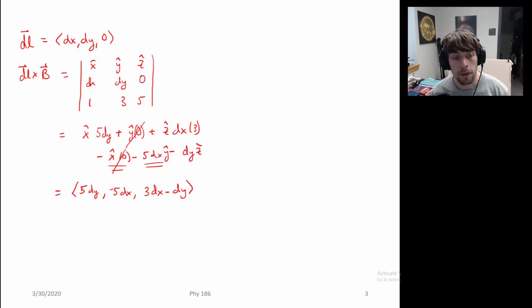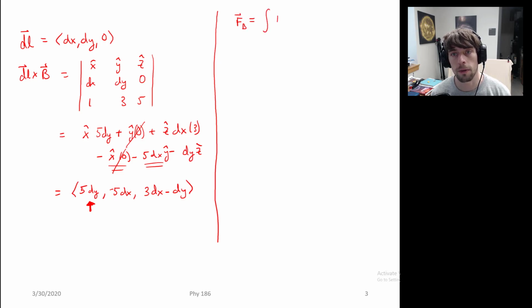Be careful. Okay? The x component of the vector can have integrals in the other two components. So what does this mean? This means our force due to the magnetic field can be written as the integral of I dl cross B. But now we've broken it up into 3 different integrals.